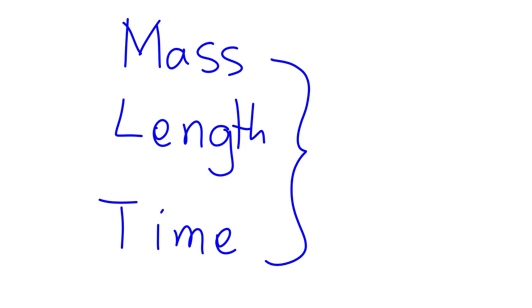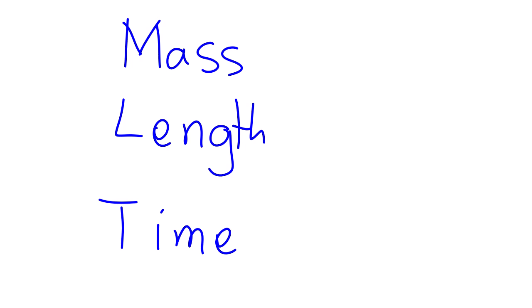So these three are chiefly considered as fundamental quantities, even though there are some like temperature and electric current that are also fundamental quantities, but these three are the main ones that are always used to derive quantities.